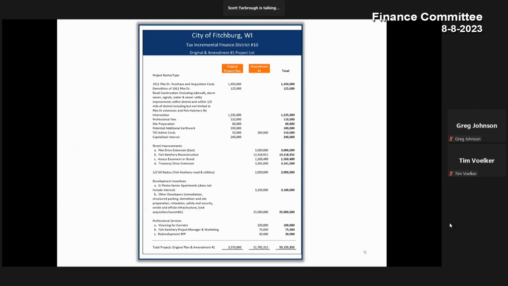We just included the original costs that were included in the original project plan, and amendment number 1 was a mix of infrastructure improvements. The city retains all that original expenditure authority under the original district.